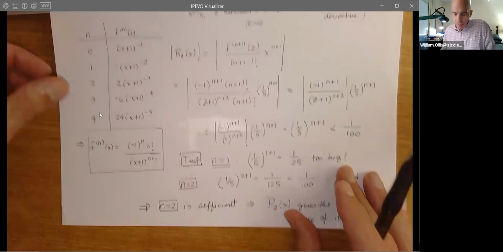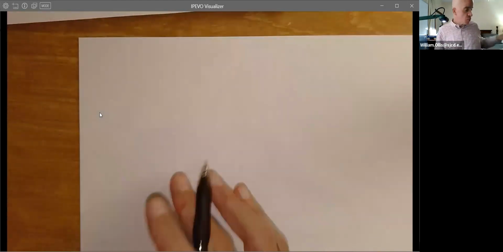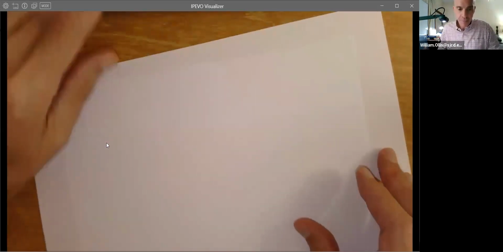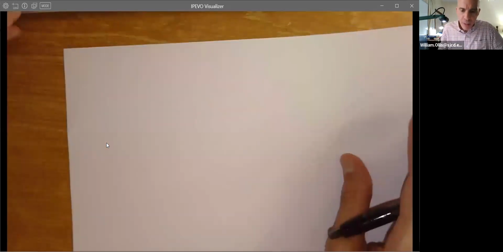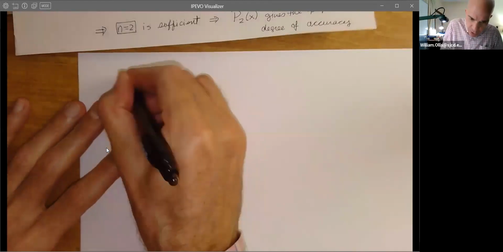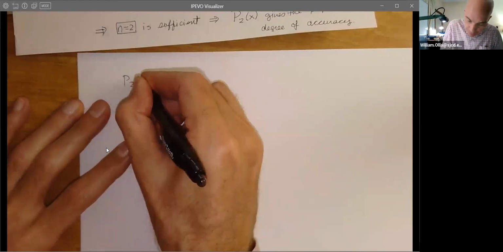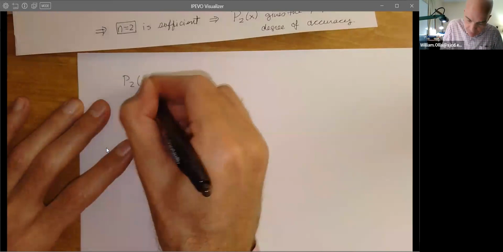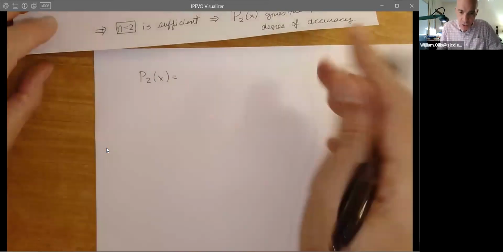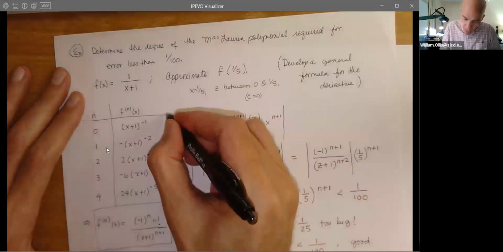So now, what does this say? Let's just write it down, and we'll be done with this. So now, let me write down what this actual polynomial is. So we have P2 of x. And so at x equals 0, let's just go ahead and put in, stay with me on this.